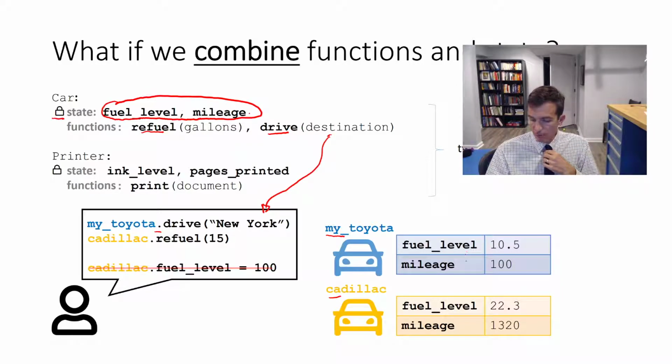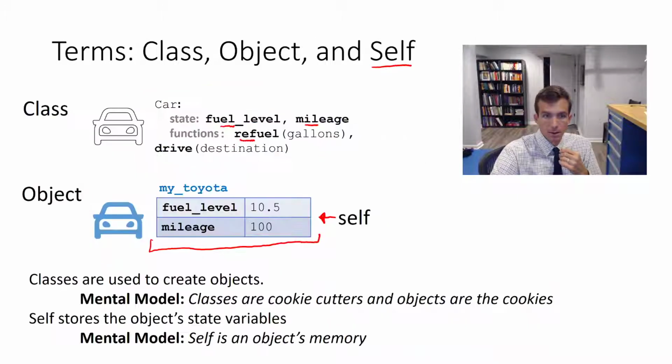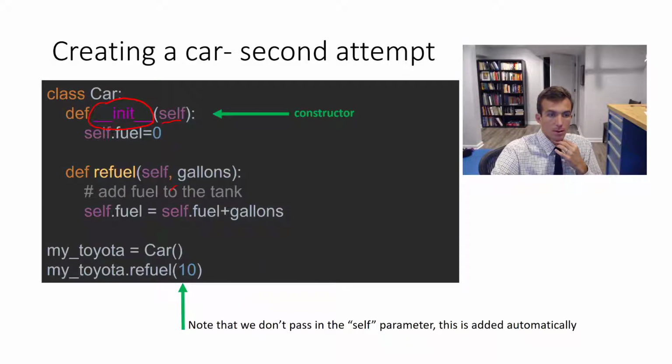There's no such thing as fuel level or mileage until you actually reference it and put it into the self. So here we got self.fuel is 0, and now once you get to the refuel function, that'll work. And of course, note that in both the constructor and the refuel method, you have self as the first parameter, but that's given for free.